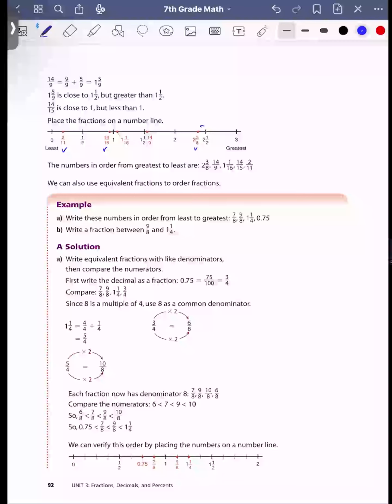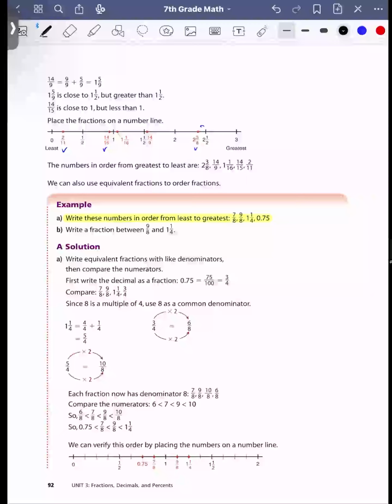Okay, and then let's try to solve this one. Write these numbers in order from least to greatest. How do we compare fractions and decimals? What we can do is write equivalent fractions with a like denominator.